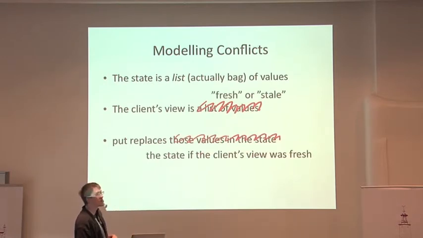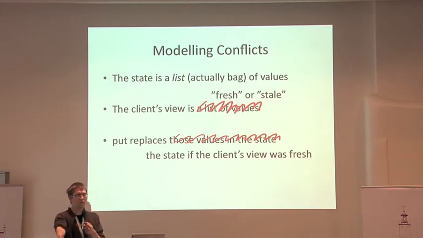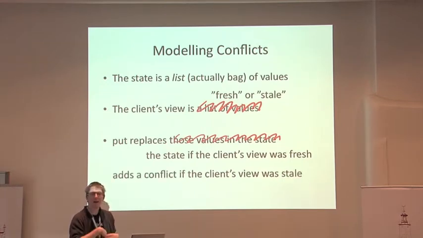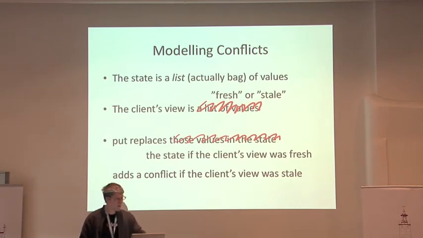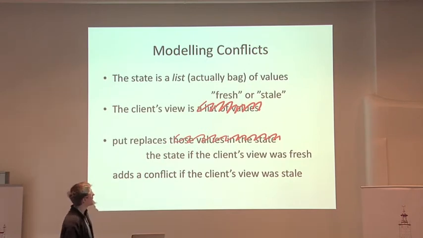And then when you do a put, if you have a fresh view, you replace the state of the database. But if you have a stale view, you just add whatever value you put to the list of conflicting values. But so far, we haven't really done any interesting distributed stuff, right?